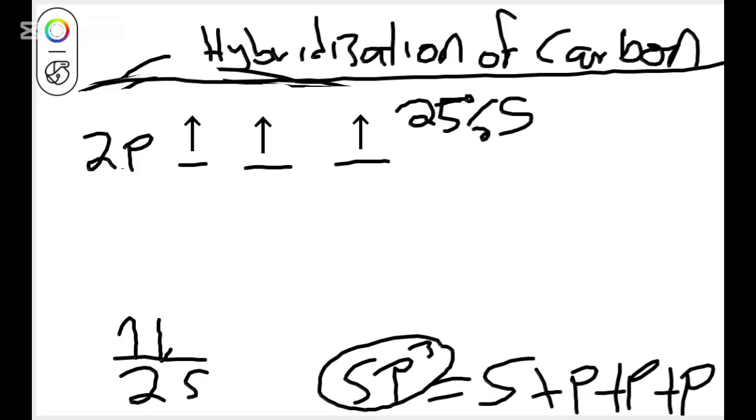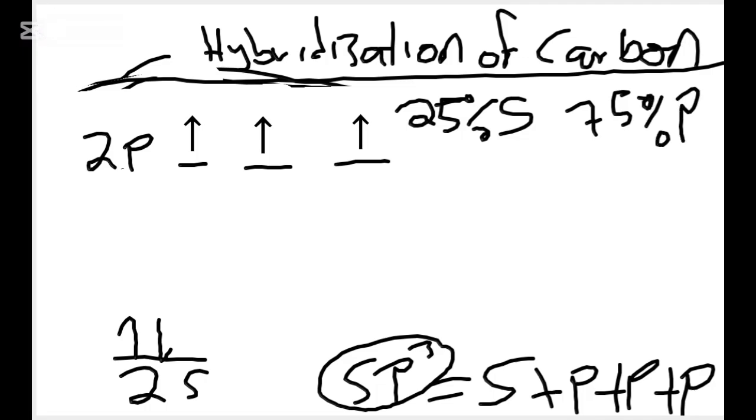It is s, and the remaining 75% is p, because p is 3 if we take the average of it. So this is showing that we are going to put sp3 somewhere around here, because it is 25% versus 75%.